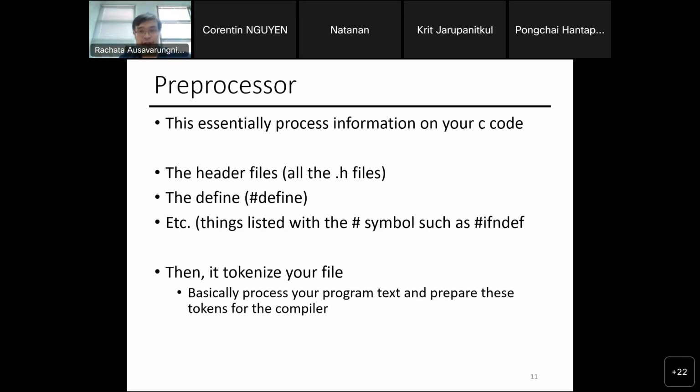It parses the text file, then tokenizes your program's text to figure out, hey, is this A plus B? The text A with the add sign followed by B, things like this, right? The text A plus B becomes the symbol A for the variable that gets added, right? So you take A and B, you add them together.